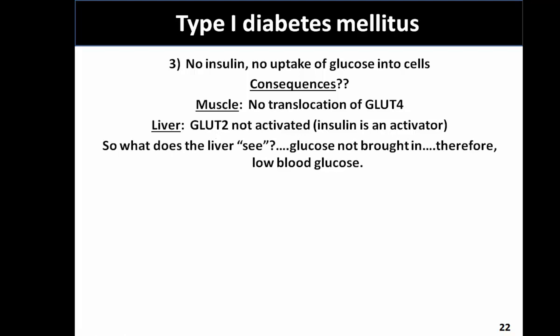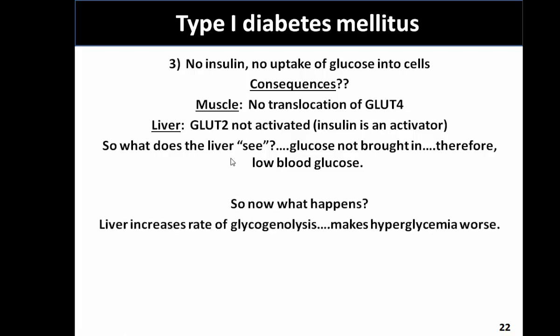Without glucose being brought in, the liver senses that the person is in a low blood glucose state. So the liver actually makes a mistake here without insulin, and interprets the lack of insulin as low glucose in the blood, where it is actually higher than normal.